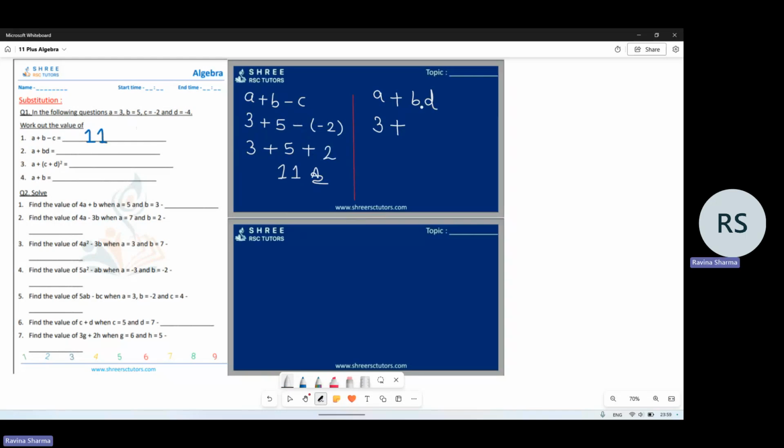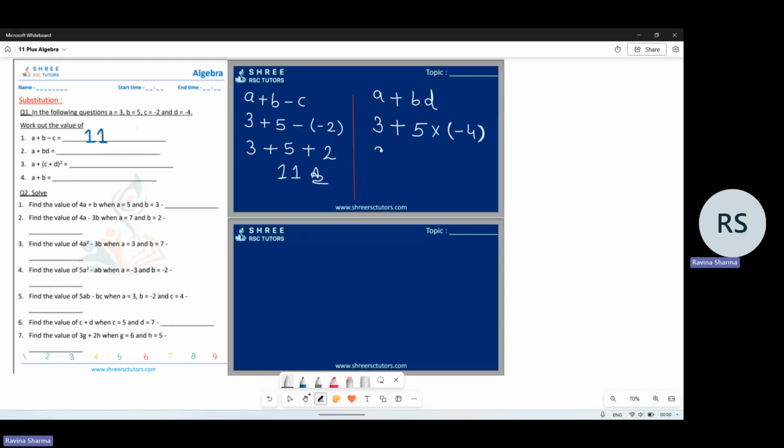What is the value of B here? The B value is 5. Multiply. What is the value of D? The D value is given negative 4. So we will write the negative 4 in the bracket. As spoken before, the multiply and the negative, these two signs are coming together. That's why to make it separate, we are writing the 4 in brackets. Now, how to simplify that?